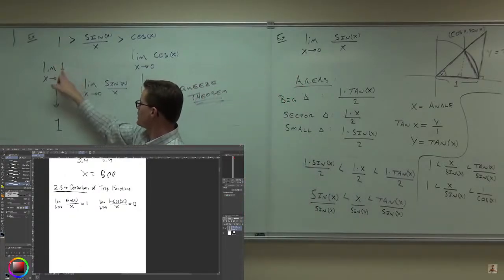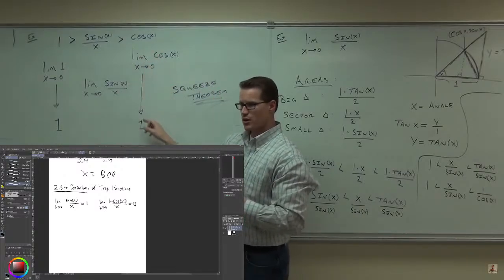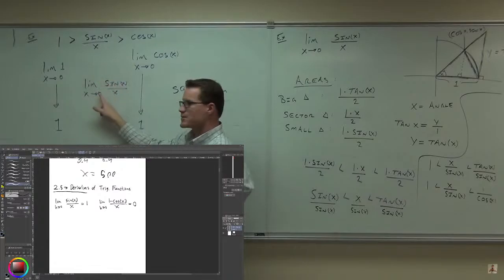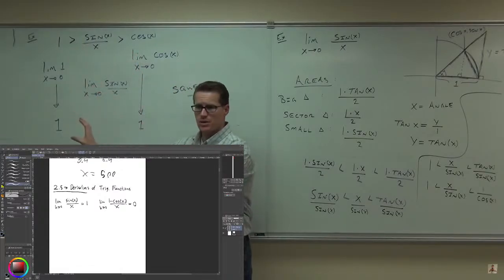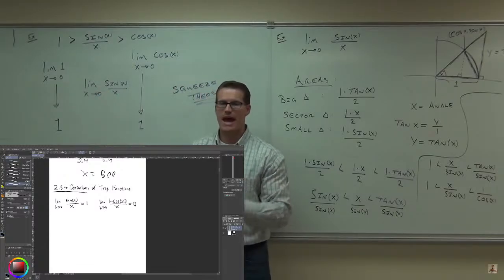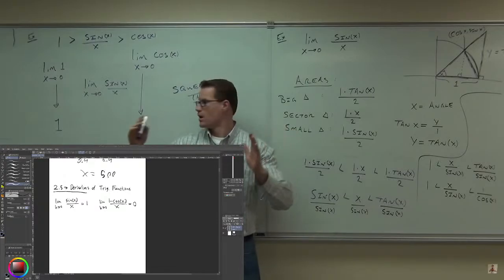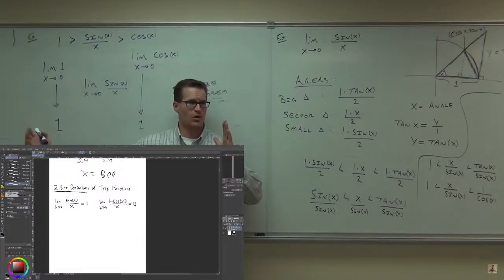The limit of 1 is 1. The limit of cosine as we approach 0 is also 1. What does this limit absolutely have to be? If it's between those two functions, the limit has to be between them, only they're going to the same number. The right bound is 1, the left bound is 1. Can it be anything different than 1? No. It has to be 1.